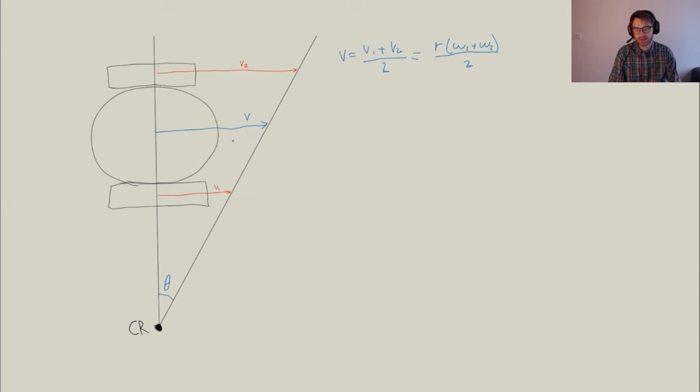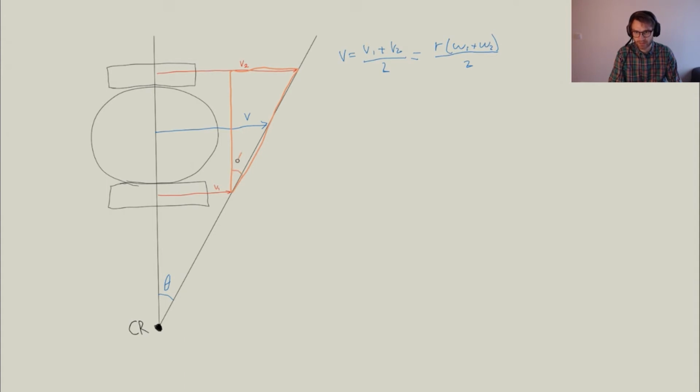Now comes a little bit more tricky part: how do we calculate this angle? Well, let's take a different color for this. I will draw a triangle over here, like so. I won't just draw it for fun, it actually makes sense, believe it or not.